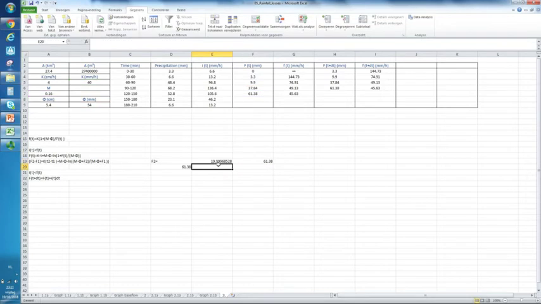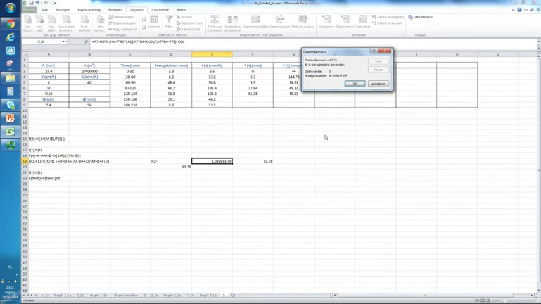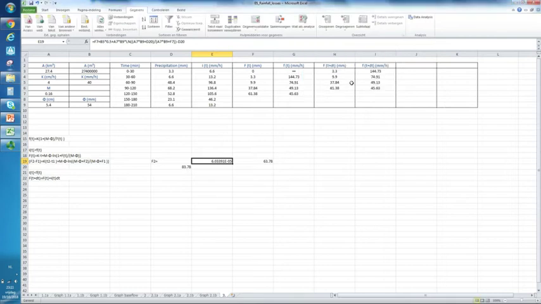We get a value now again that is too big, but we say goal seek, this value should almost be 0 by changing this value. And again, we get a value that is very small, and a value of F2 83.78.